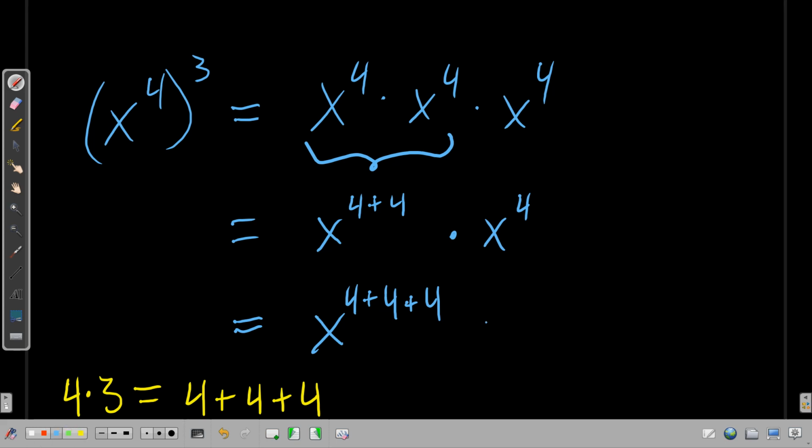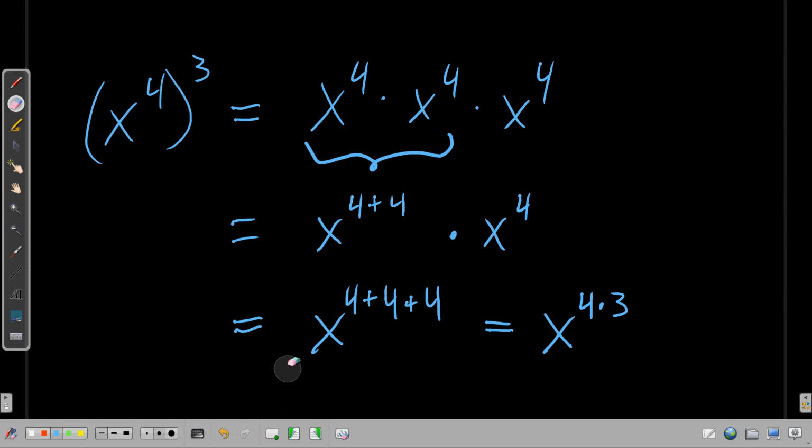So I can surmise then that probably what I should be doing is just saying that this is x to the power of 4 times 3. That's what it means to be times 3. If I take something times 3, I'm going to add that thing 3 times to itself. And now I think I've got my other rule.